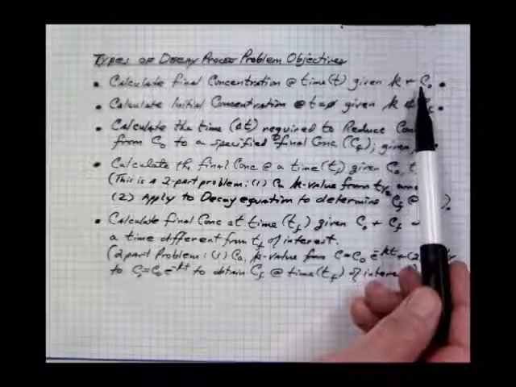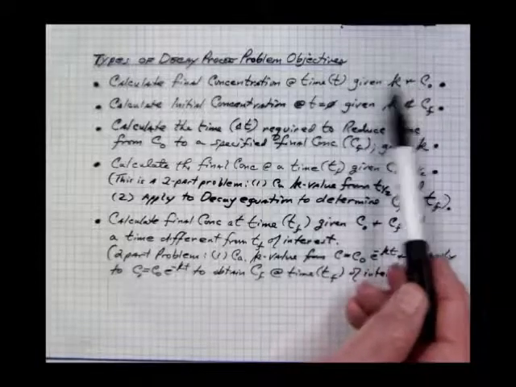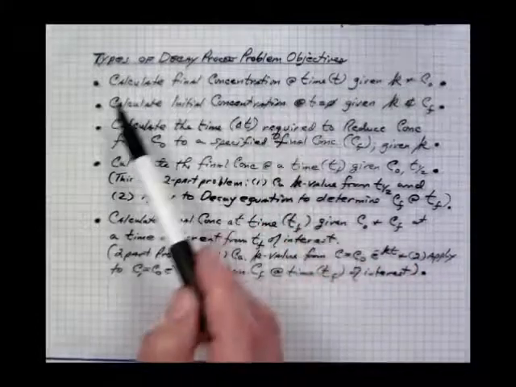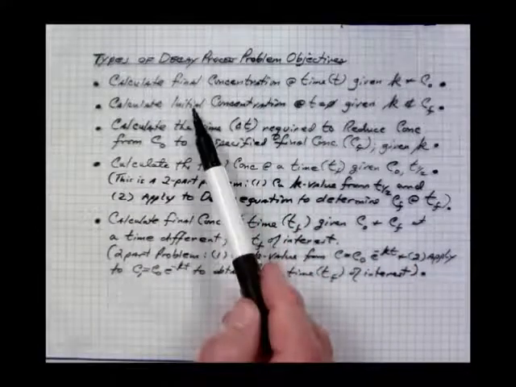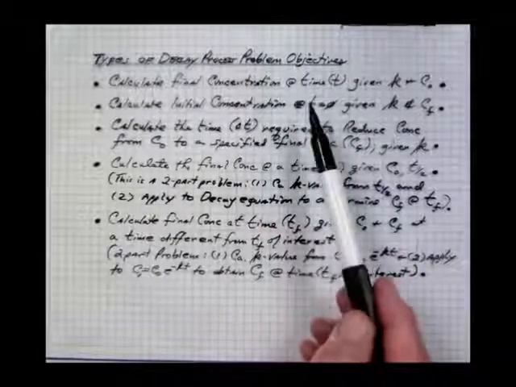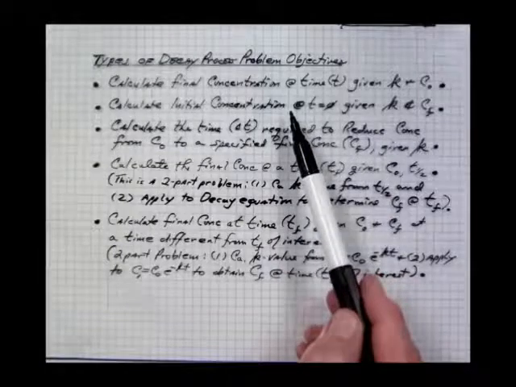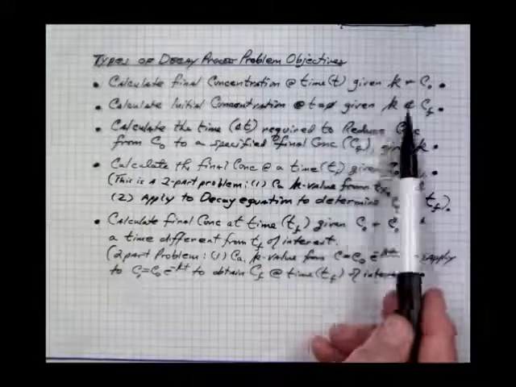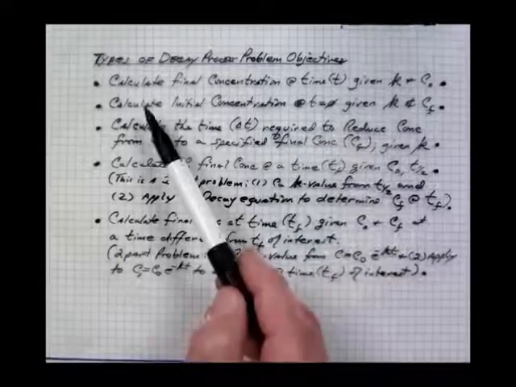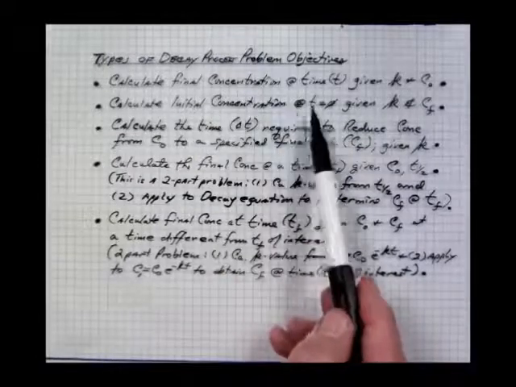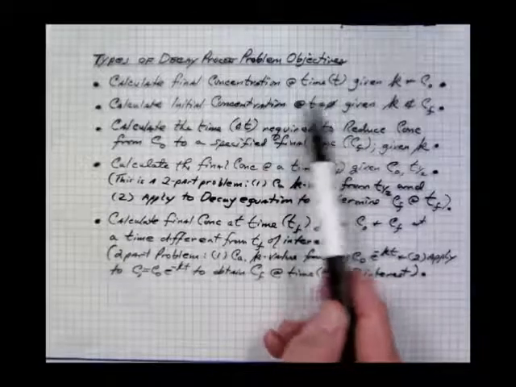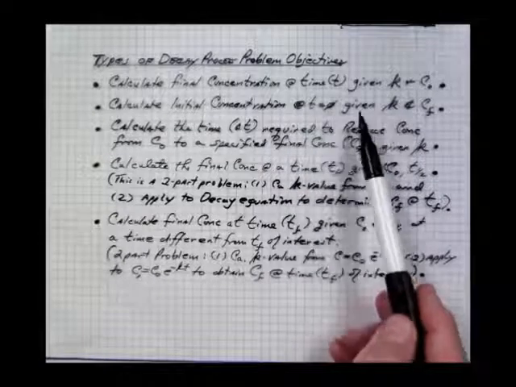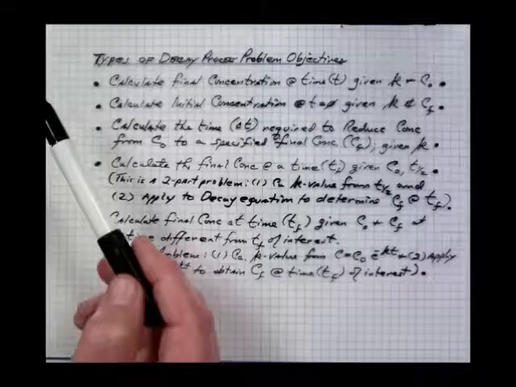You would simply substitute into the decay equation and calculate C final. Or you might calculate the initial concentration, where you're measuring a concentration today or at some future time, given K and T.